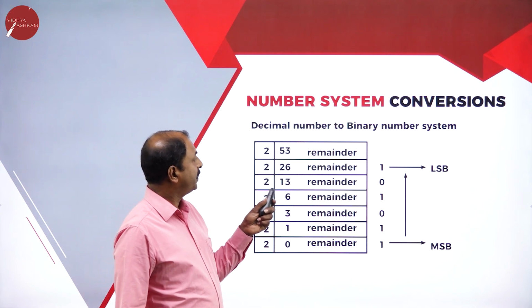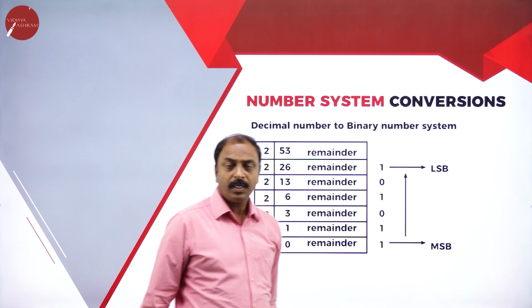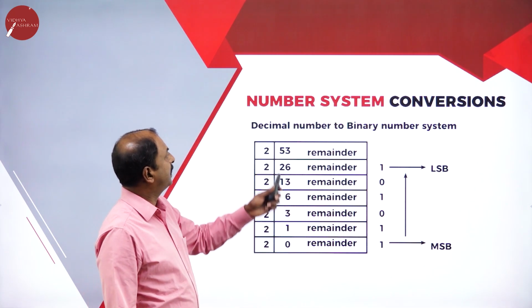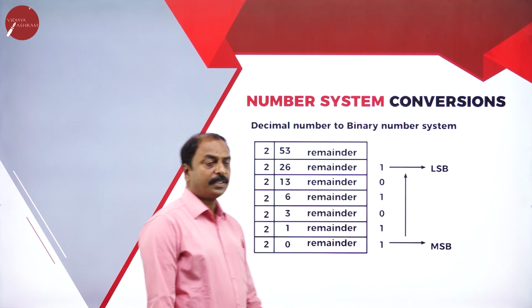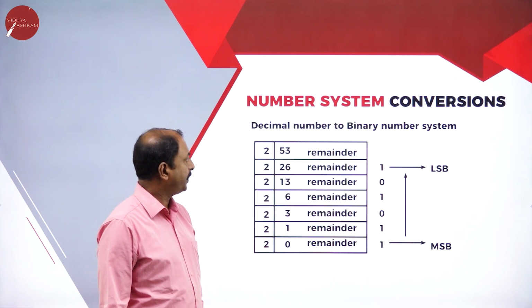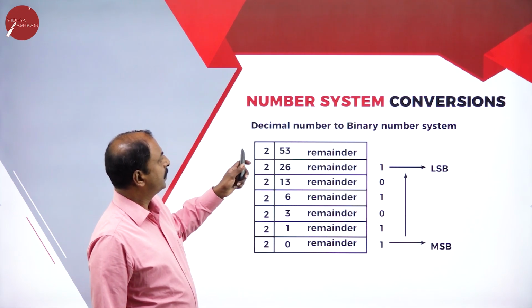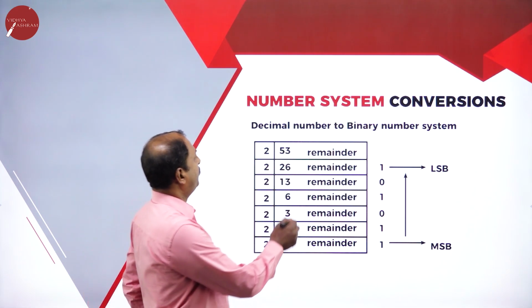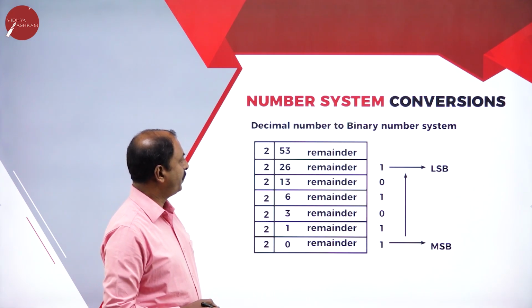First, we have to convert the given decimal number into binary number system, or express the given decimal number in binary. So here, look at the example now. This is decimal number system, and the given number is 53.